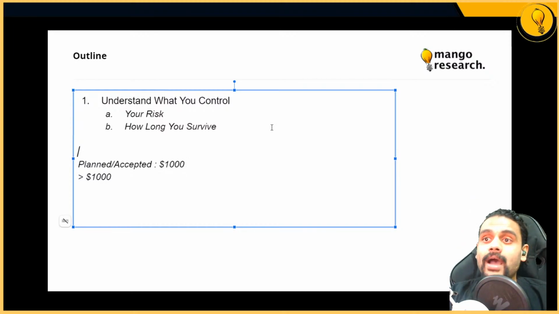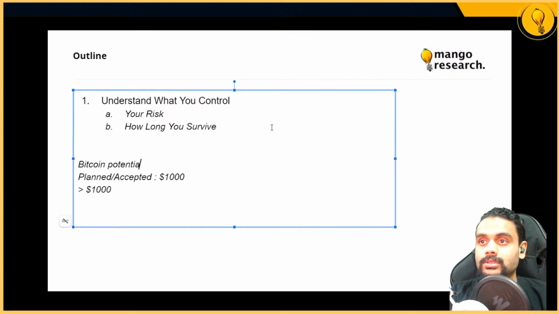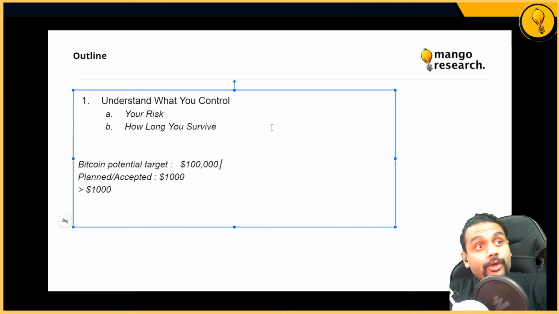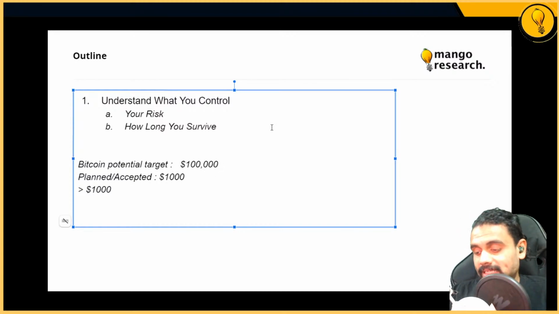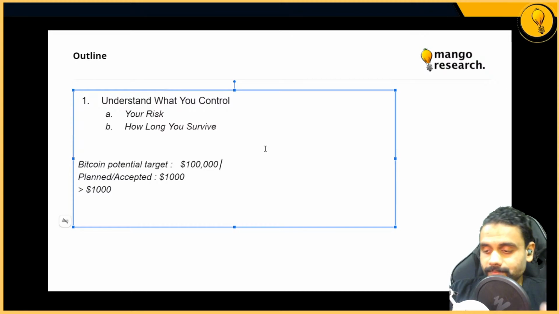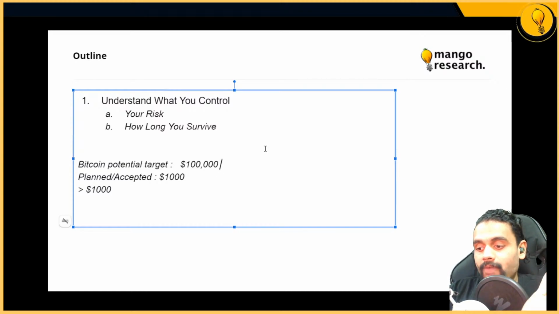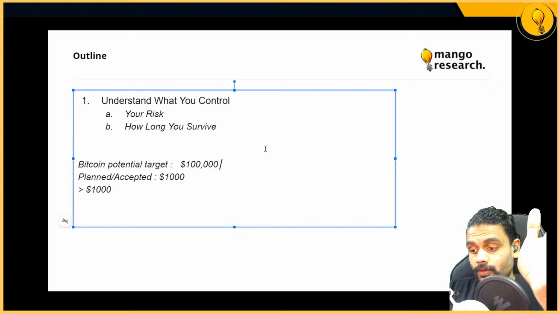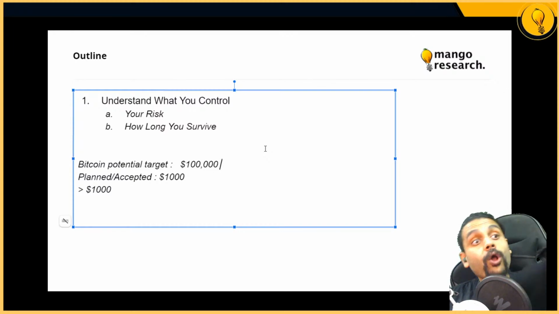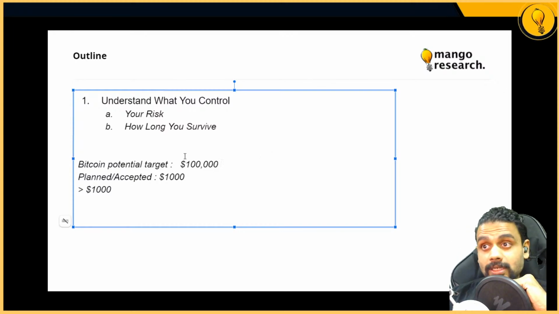If you are saying Bitcoin, or Cardano, whatever, could go up to a potential target of $100,000, then you're essentially saying: for me to be part of this movement of Bitcoin from 50,000 all the way to 100,000, I am paying $1,000 to be part of the trade.